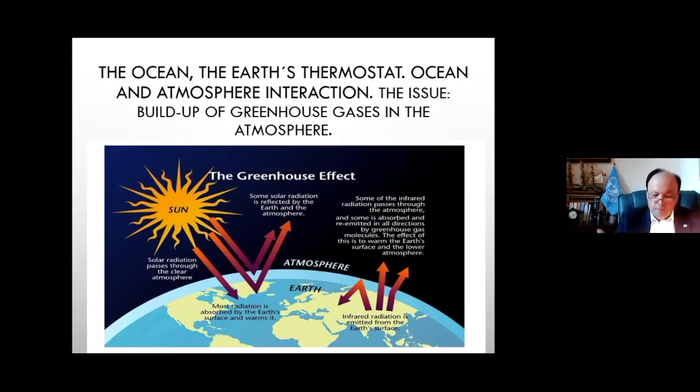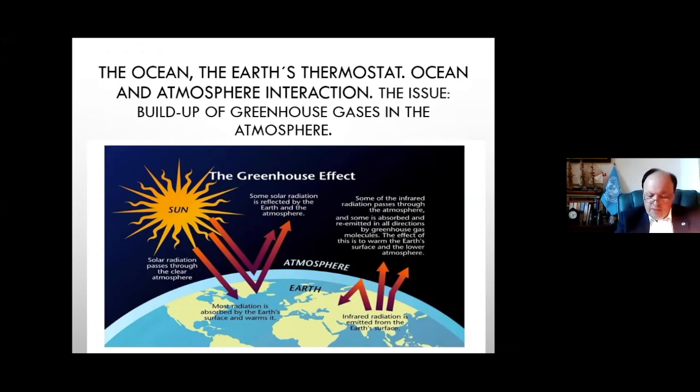Of course, the problem we have now is the buildup of human-enhanced gas emissions, too much CO2 emissions, too much methane, nitrogen, etc., creating this human-enhanced greenhouse effect, trapping too much of this heat, and the result is global warming, particularly measured by CO2 rising concentrations reflected in what is known as the Keeling curve since 1958, and these rising CO2 concentrations are beyond what seems sustainable for the planet.